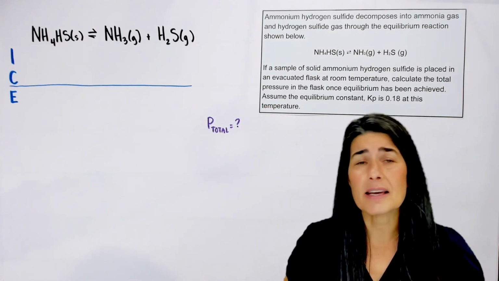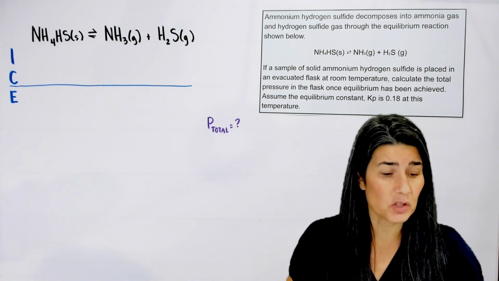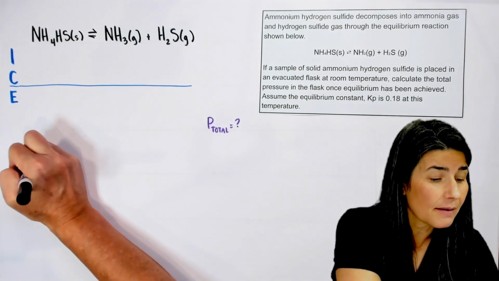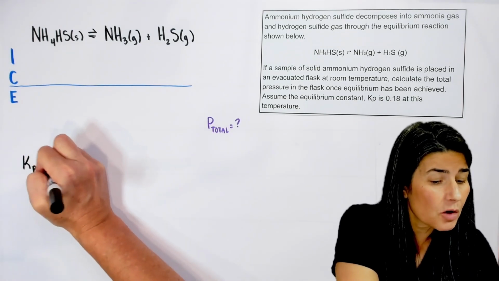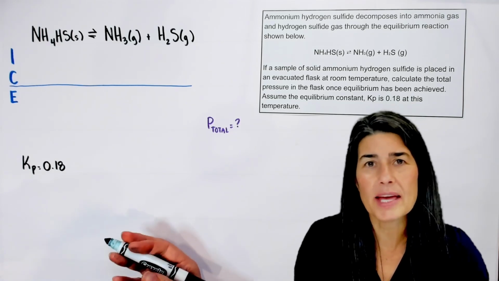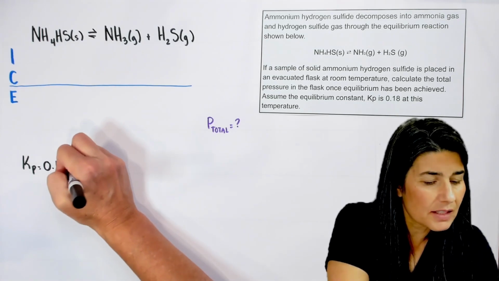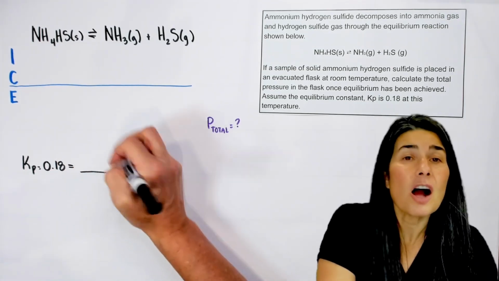They give us a Kp value of 0.18 at that temperature. So our Kp happens to be 0.18. Let's go ahead and write the Kp expression. The Kp expression for this reaction will be our products.